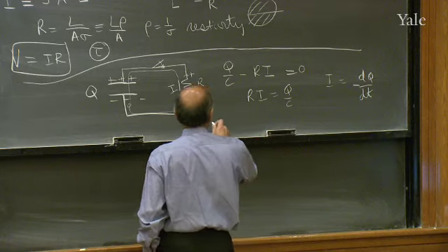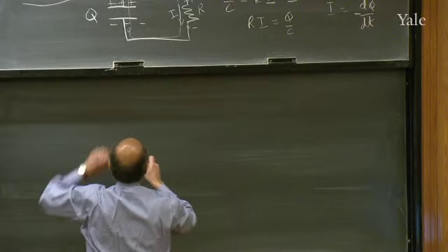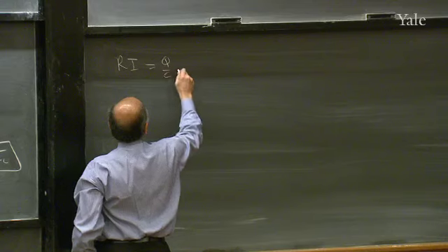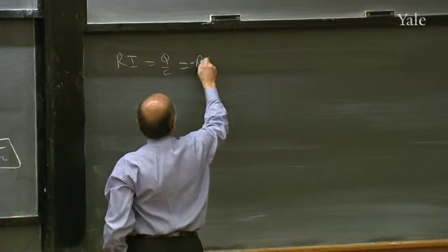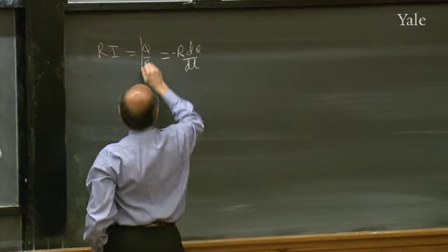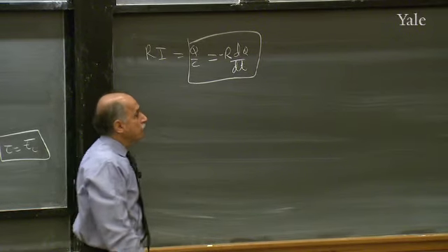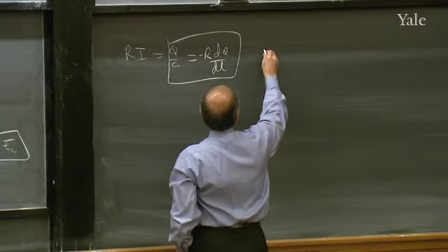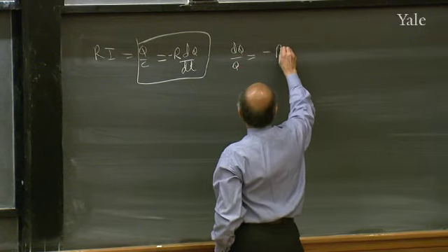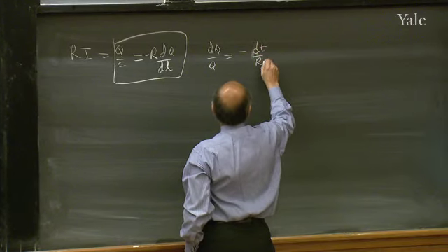So I have the equation here that looks like, so go back to Ri equal to Q over C and write it as R dq over dt. This is my equation. That can be written as dq over q is equal to minus dt over RC.